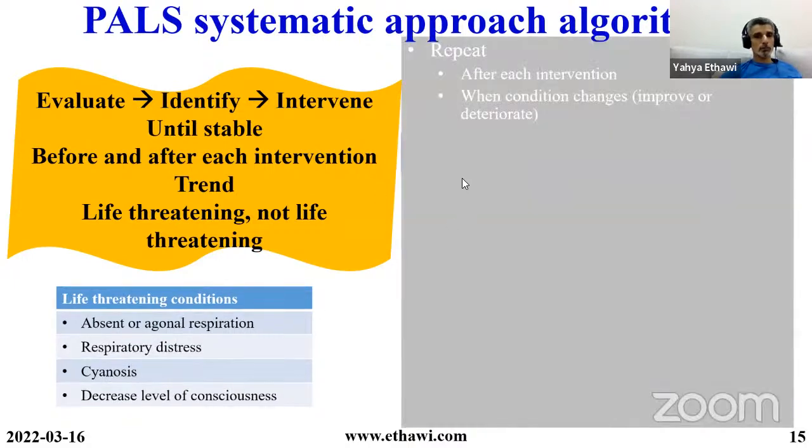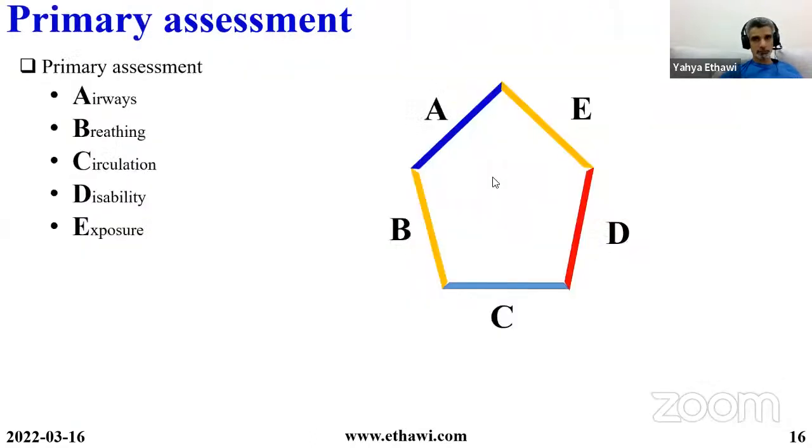Now you have to repeat the evaluation, identification, and intervention after each intervention, or when the trend changes, which means the baby improves or deteriorates. So remember we said the identification is composed of primary assessment, secondary assessment, and test.